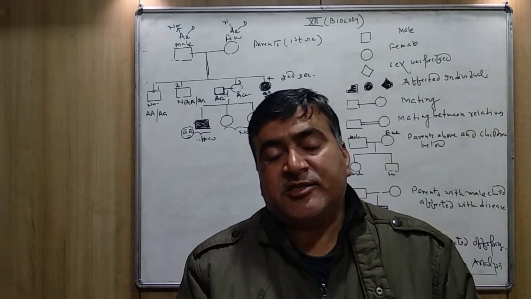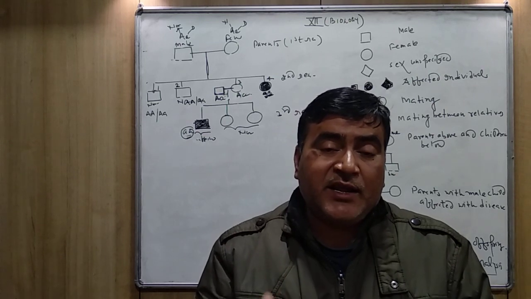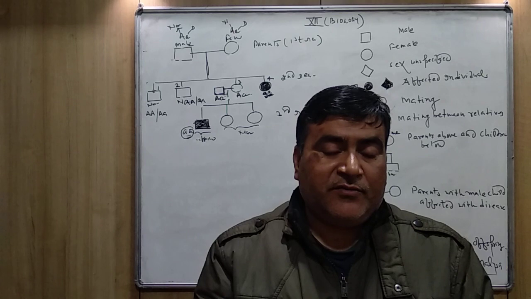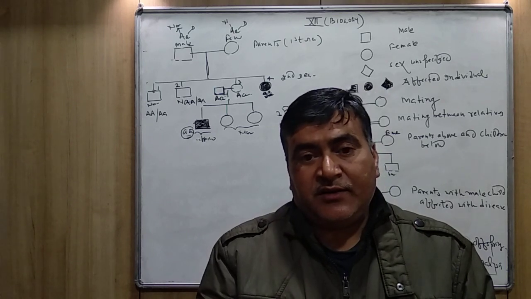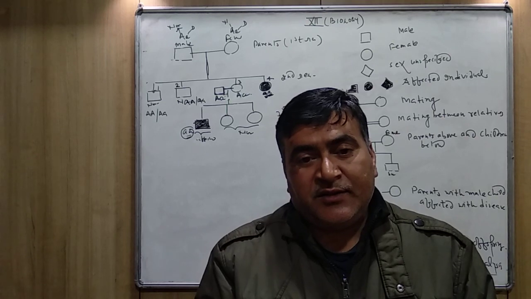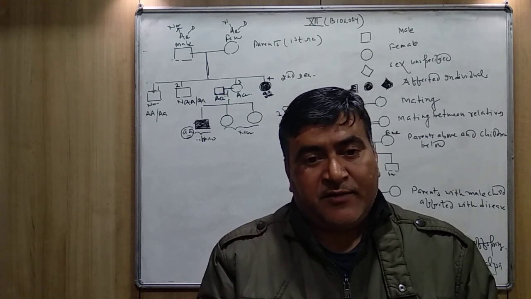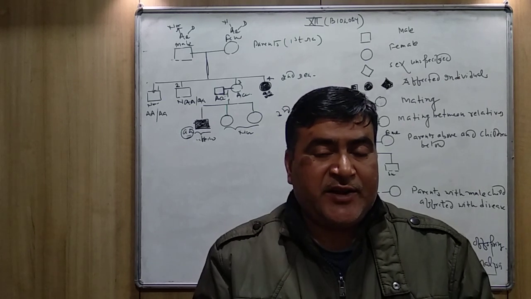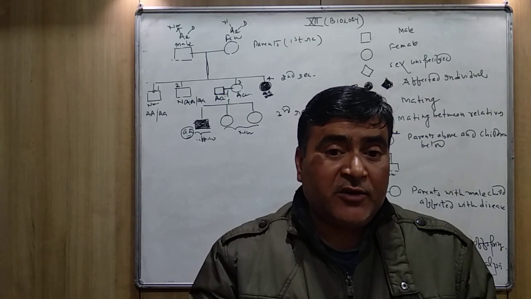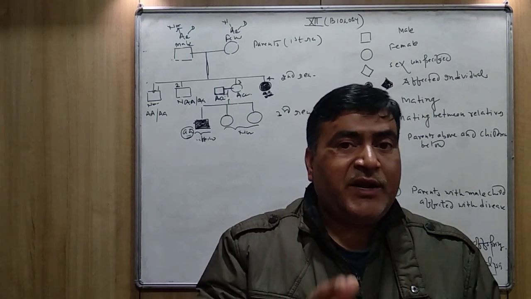All the Mendelian disorders follow the Mendelian pattern of inheritance. For example, hemophilia, sickle cell anemia, thalassemia, these are examples of Mendelian disorders, and all these disorders follow the pattern of inheritance given by Mendel.